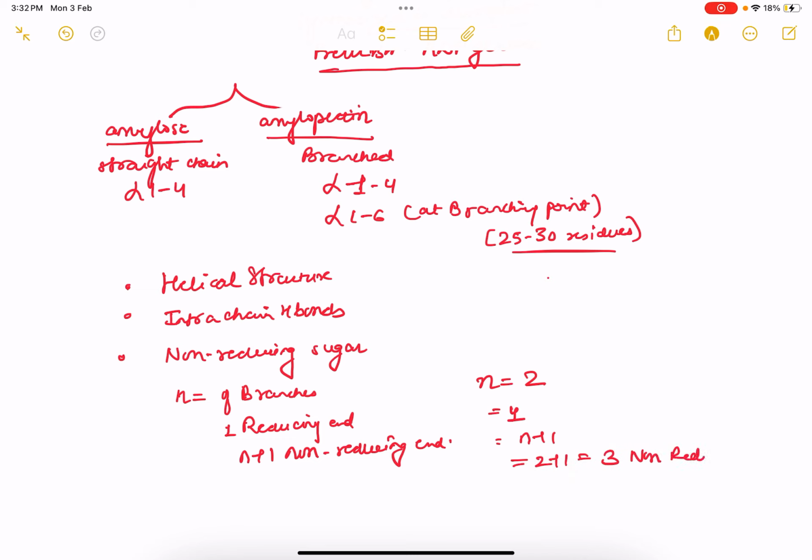The next one is glycogen. What is glycogen? It is the major energy storage form in animals.